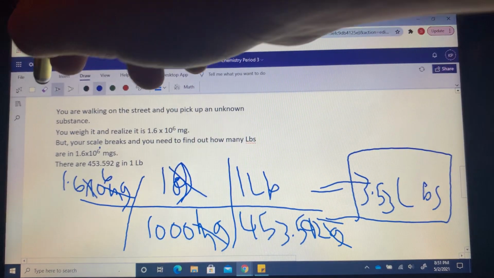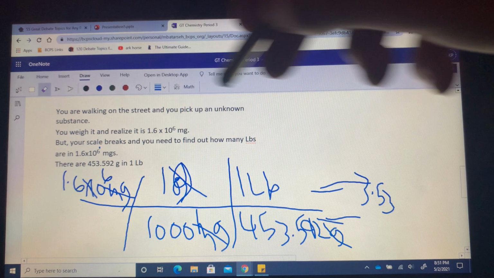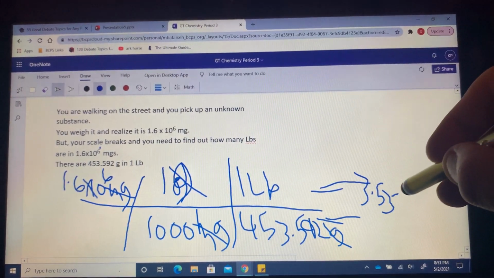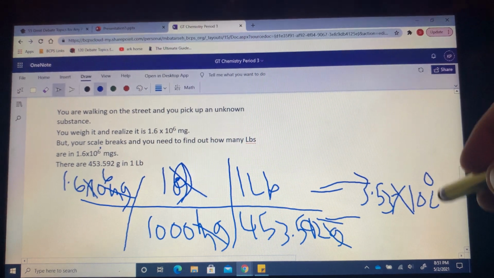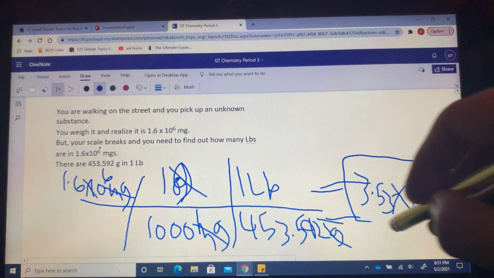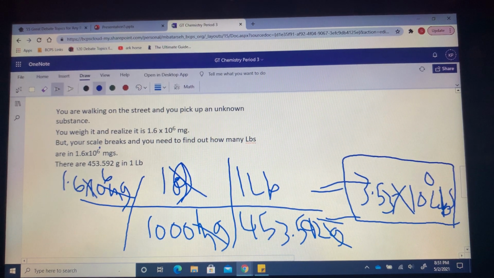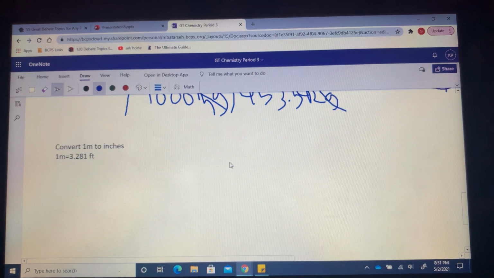Wait, we'll write that in the correct way. 3.53 times 10 to the 0 pounds. And if it was like 35.3, we just write 3.53 times 10 to the 1. But because in these examples, there's no conversion for scientific notation needed.